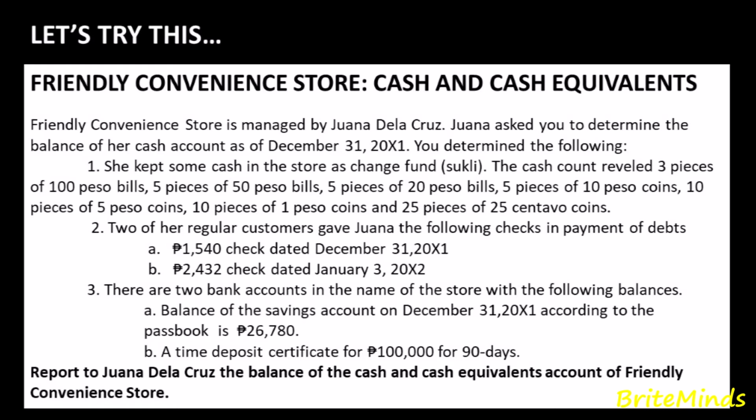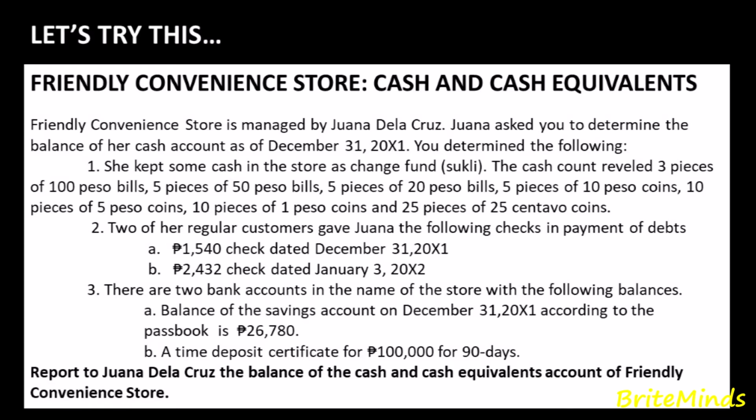And in the third scenario, there are 2 bank accounts in the name of the store with the following balances. A, balance of the savings account on December 31, 20X1 according to the passbook is 26,780 pesos.